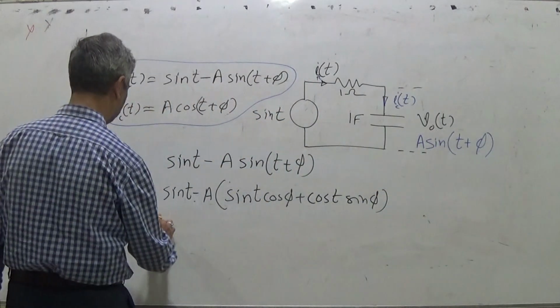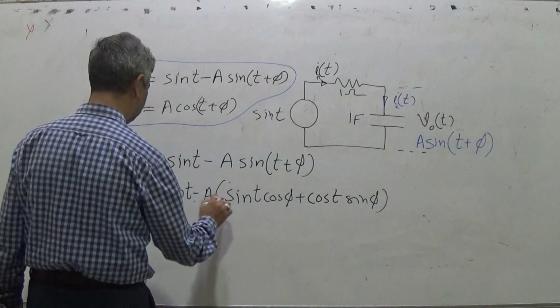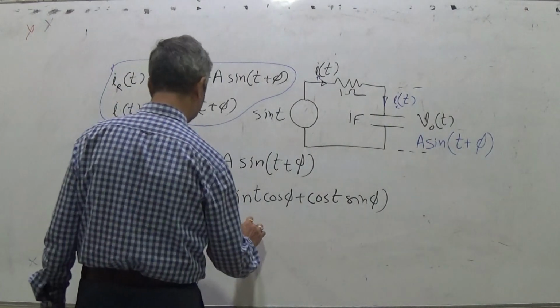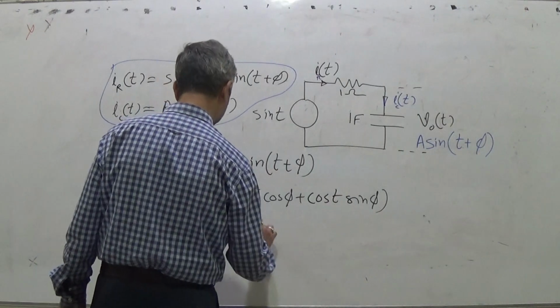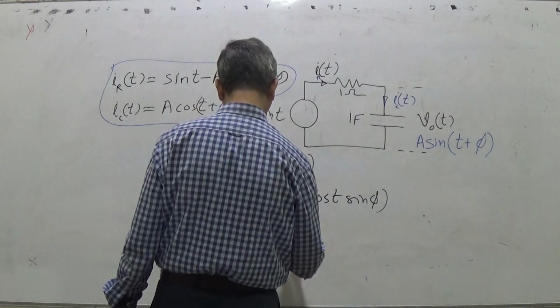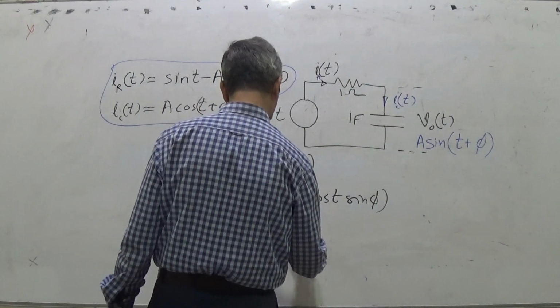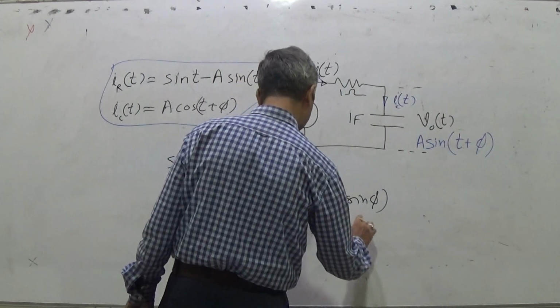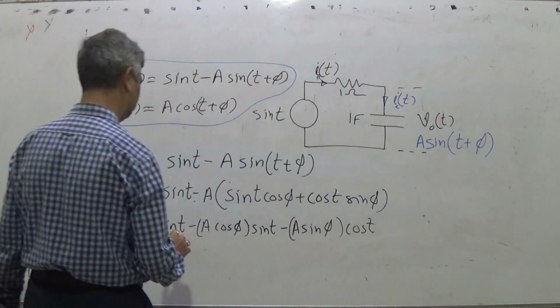So this I can write as sine t minus a cos phi sine t minus a sine phi cos t.